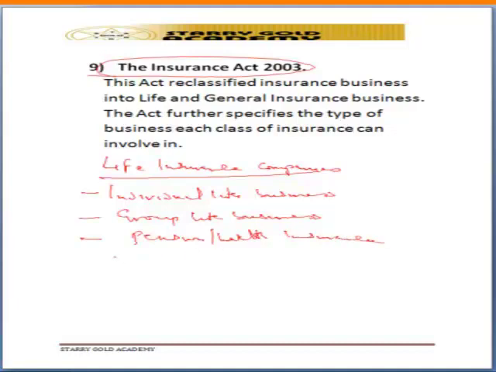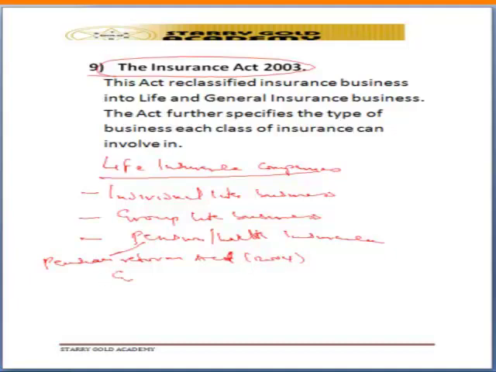However, the Pension Reform Act of 2004 has taken the business of pension away from insurance companies. This reform has transferred the business of pension to the pension fund administrators.